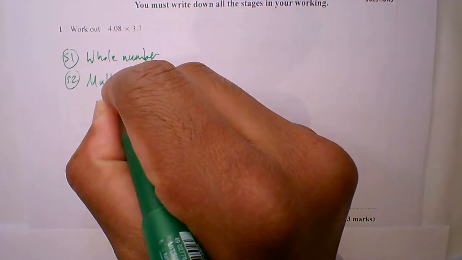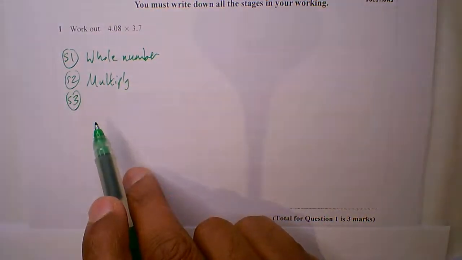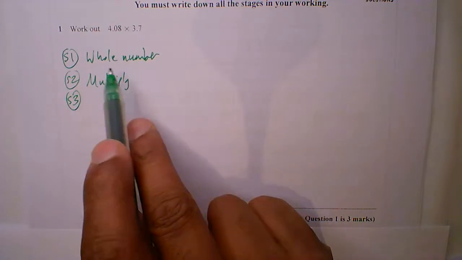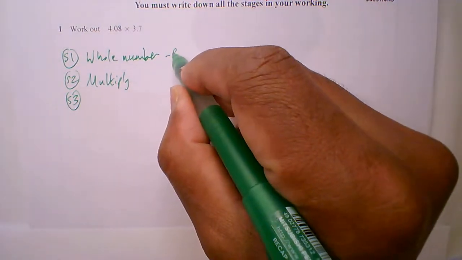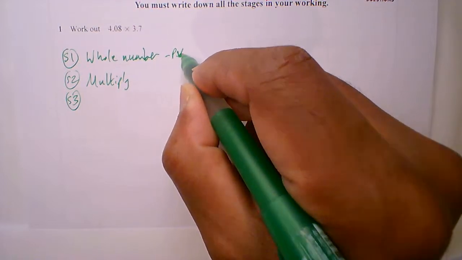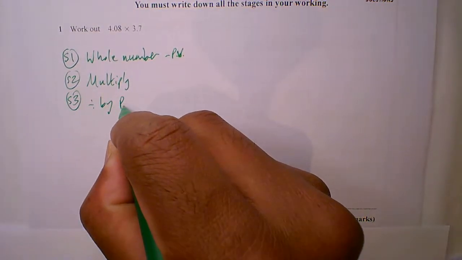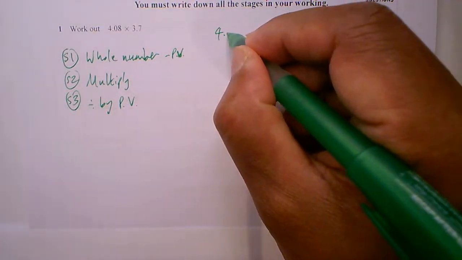And once I've multiplied them, step 3 is I will divide by the place value. So in step 1, I'm looking at whole numbers and place values. At the end, I will divide by the place value, PV.